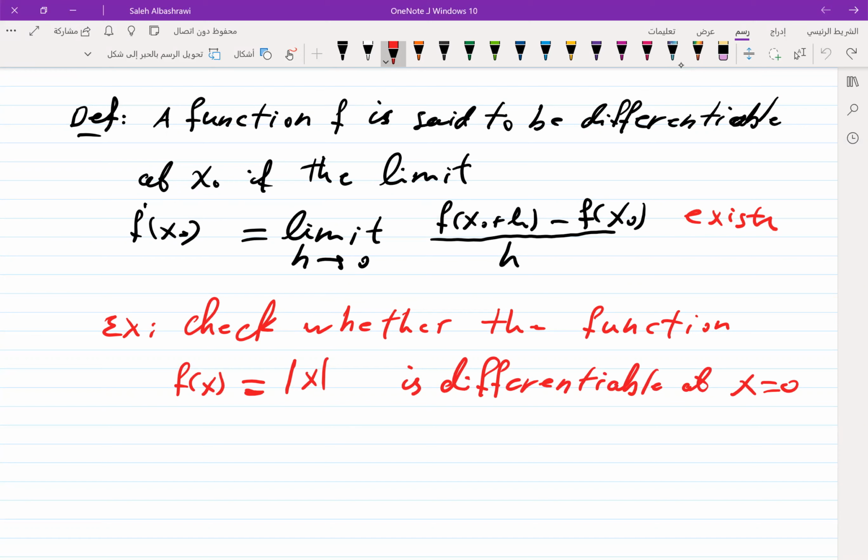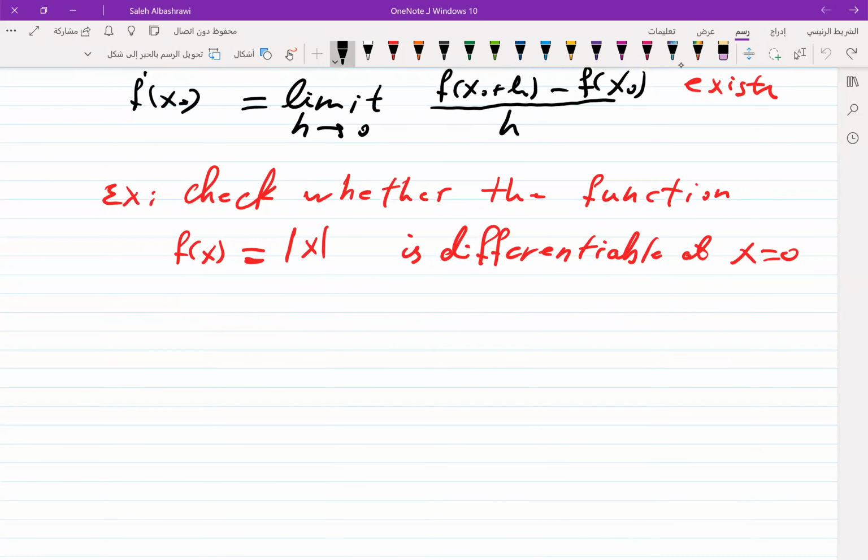I need to check whether the given function f of x equal to absolute value of x is differentiable at x equal to 0. So I need to check whether the limit of f of x0 plus h minus f of x0 divided by h exists or not.